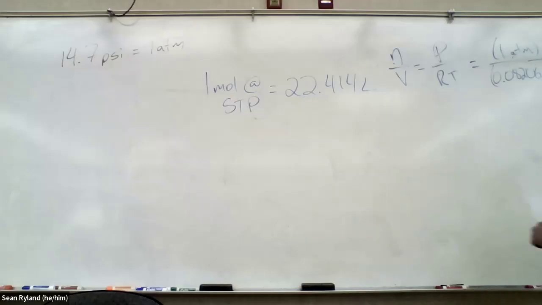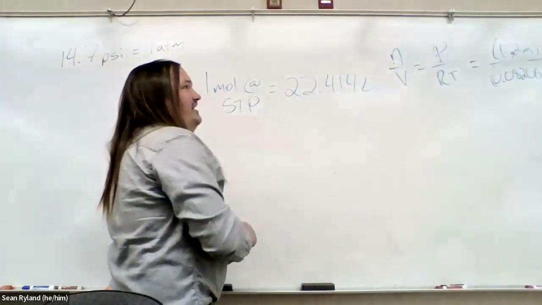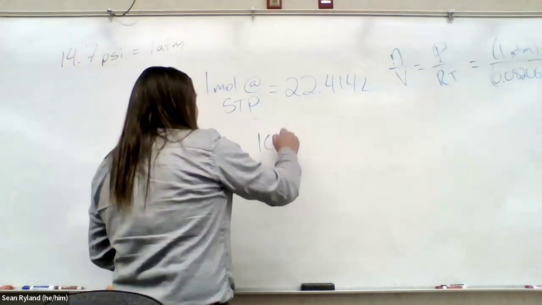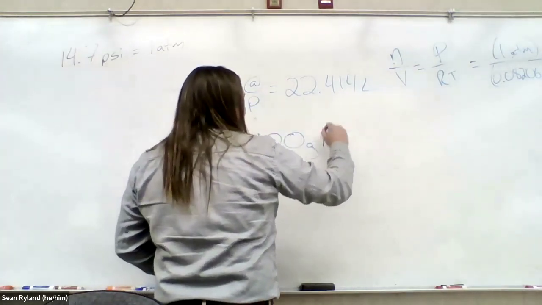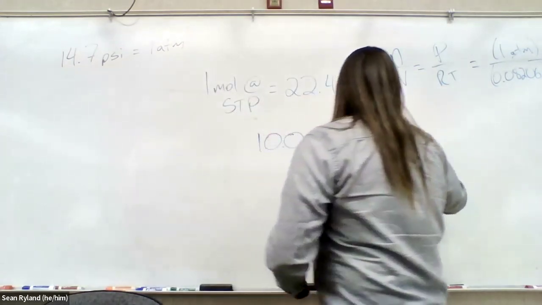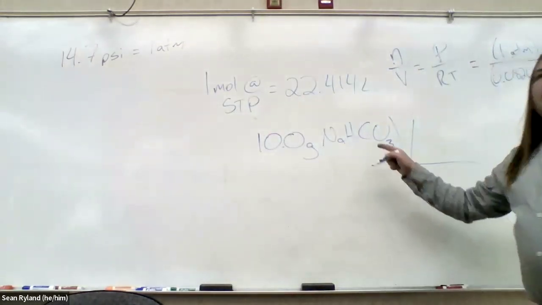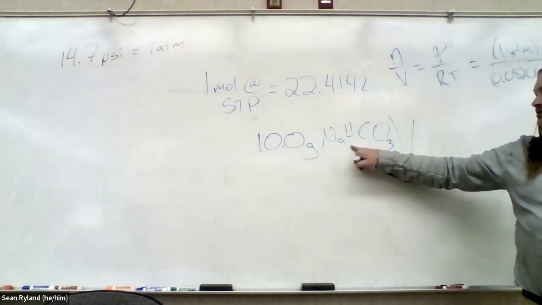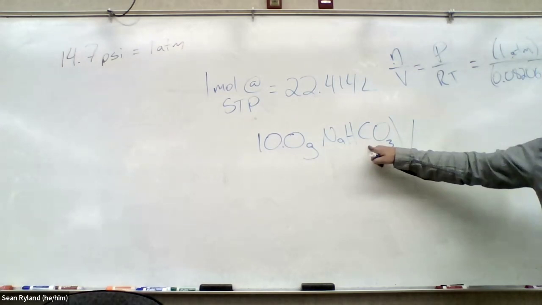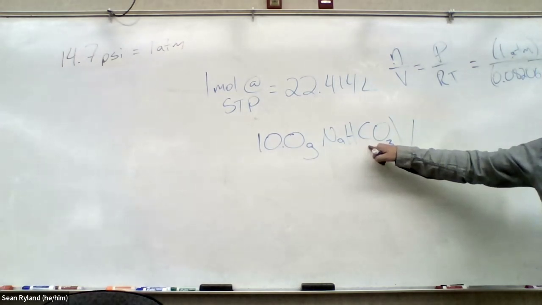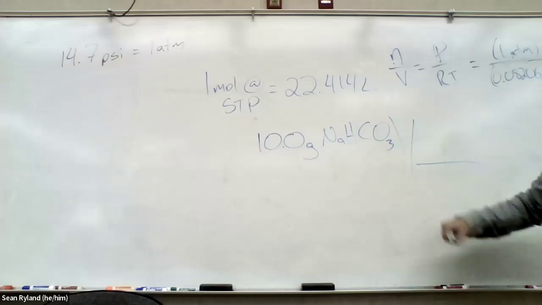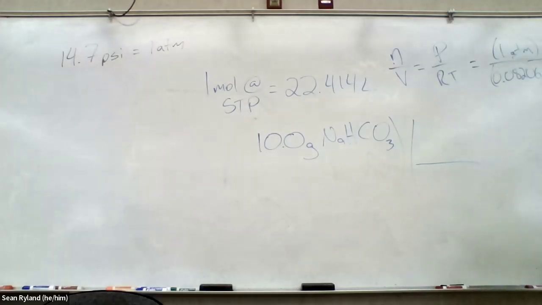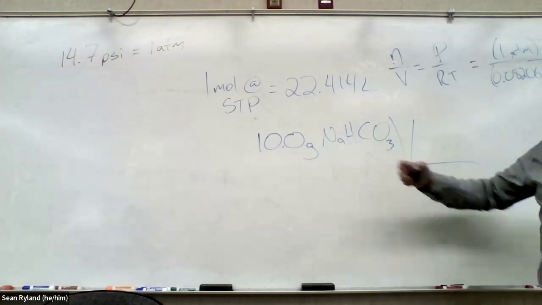How many liters are we going to make? So excess vinegar, 10 grams of baking soda. Well, we need molecular weight, right? So 23, 24, and 12 is 36 plus another 3 times 16. I should be able to do that in my head. 48. 48 and 36.